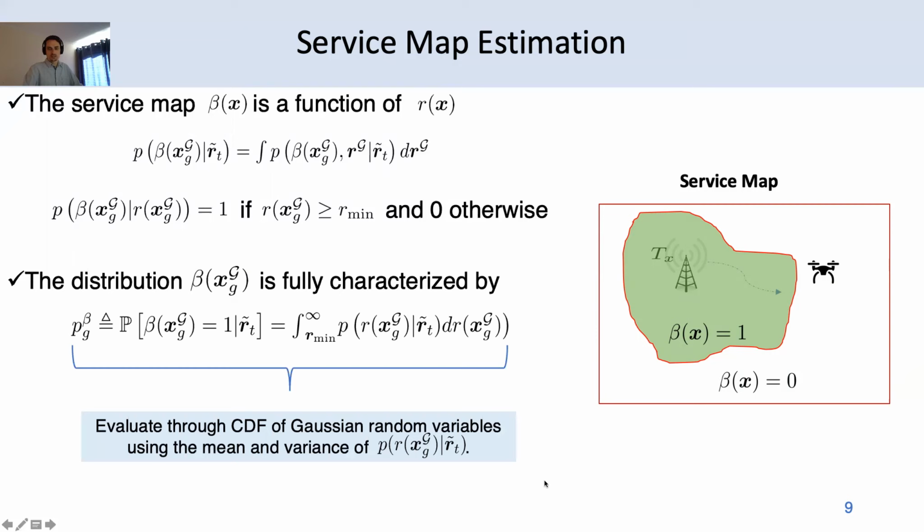And this integral can be readily evaluated by means of the CDF of a Gaussian random variable. In this way, one obtains the probability that the UAV receives service at every grid point, this P_G(beta), and this can be used in turn to find the probability at each location that is not a grid point.